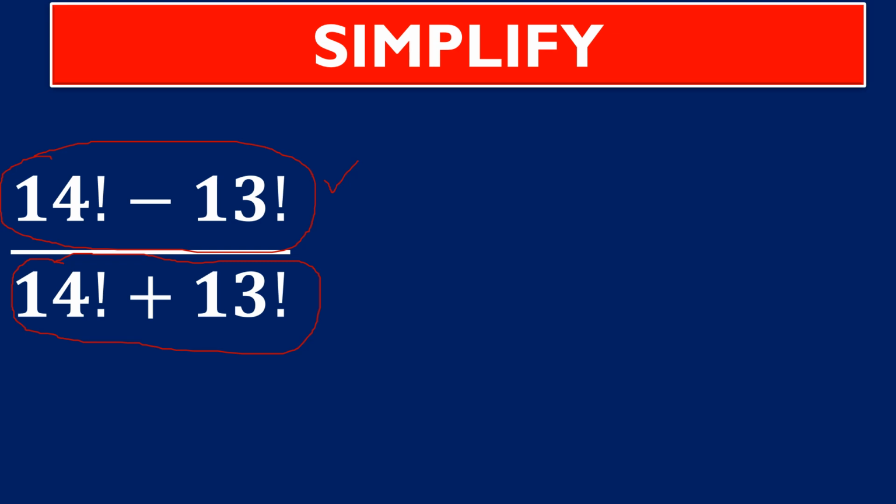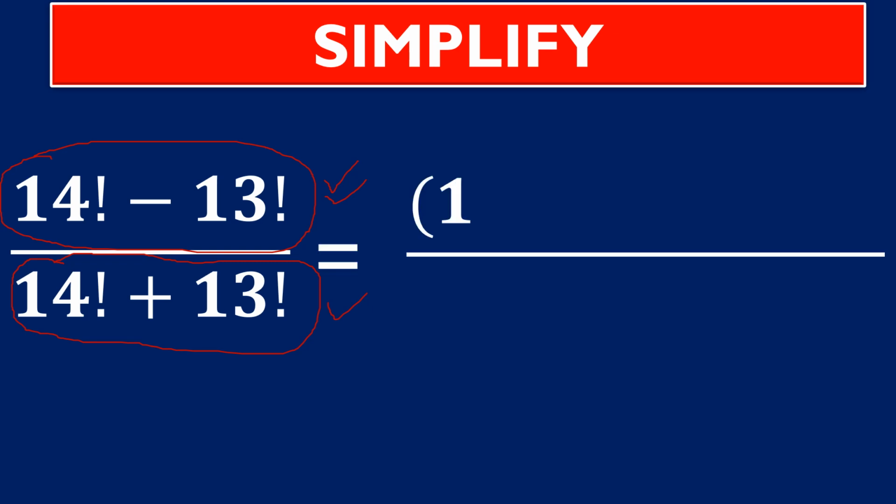Earlier on, we came about an expression for 14 factorial. If you remember clearly, we said that 14 factorial is the same as 14 times 13 factorial. So what we will do is substitute that value for 14 factorial both in the numerator and in the denominator. So anywhere we see 14 factorial, we will now write it as 14 times 13 factorial.